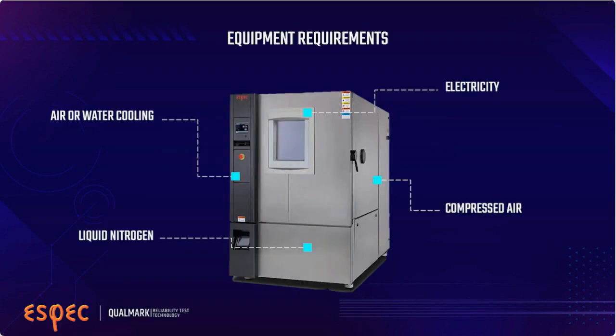The HALT chambers are cooled with liquid nitrogen, and that needs to be hard piped for full insulation and is a very specialized setup. But small systems can be run off of portable tanks. The expended nitrogen is going to need to be vented as well.